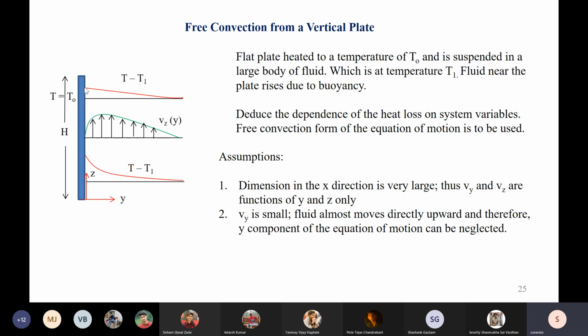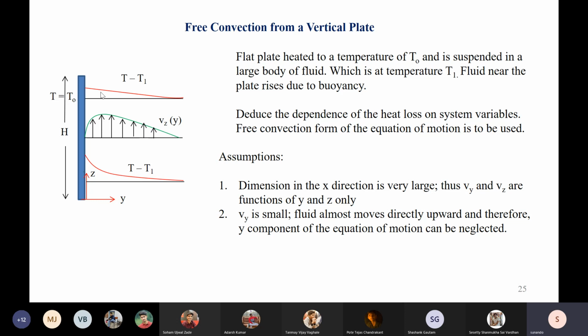Similarly, the temperature is going to be T0 over here, and it's going to be T1 at a point over here. As you could see, the two temperature profiles that I have drawn at two different z locations essentially tell you something about the formation of the boundary layer.